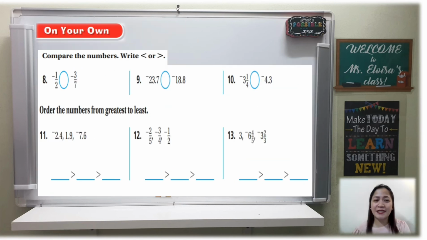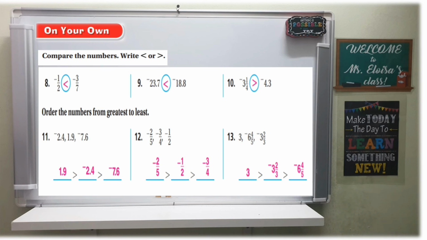Now for more practice, do on your own numbers 8 to 13. For numbers 8 to 10, you have to compare the numbers using less than or greater than. While for numbers 11 to 13, you have to order the numbers from greatest to least. Good luck!